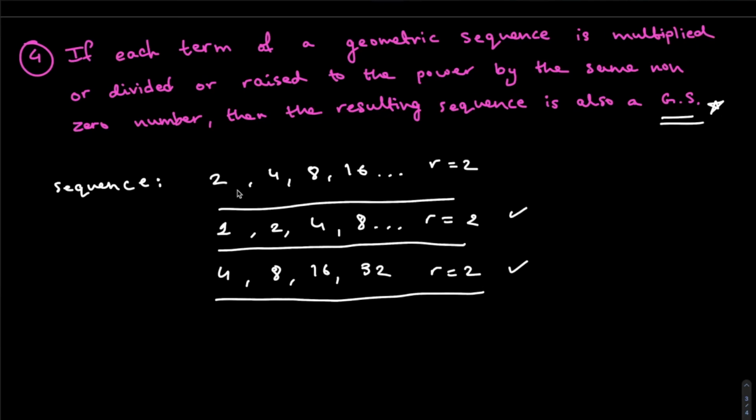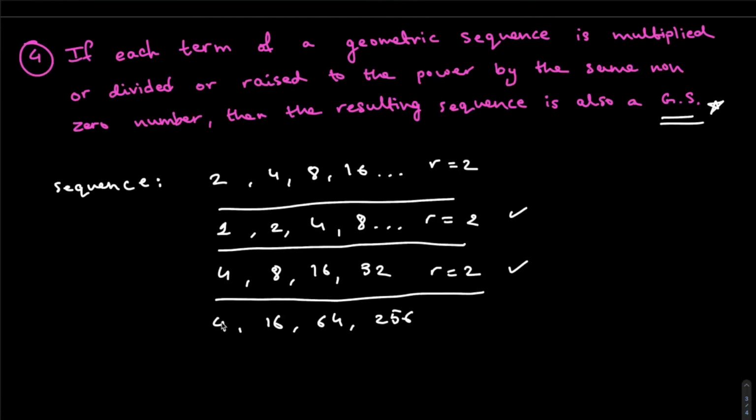Now, if we put some exponent, let's take the simplest case here. Let's put an exponent of 2. So if we square all the terms in the geometric sequence, what do we get? We get 4, 16, 64, and 256. Now the common ratio has changed.